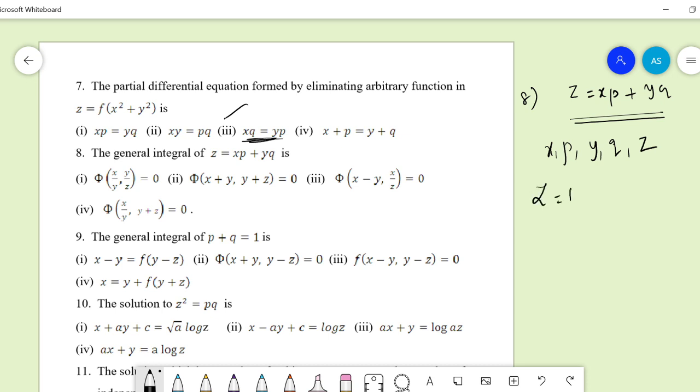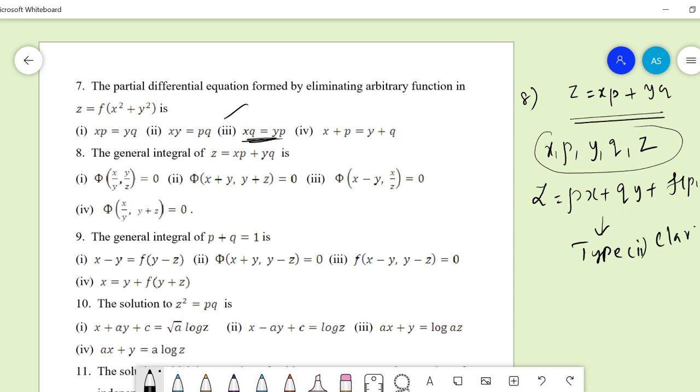Only two types contain all five letters x, p, y, z, q. If z equals px plus qy plus some function of p comma q, it is under the category of type 2. This is Clairaut's form.